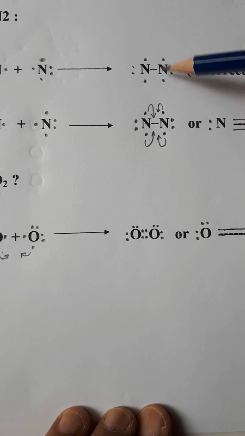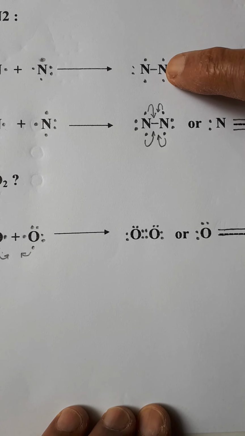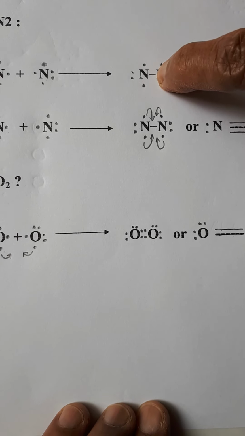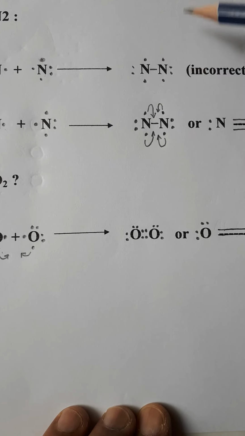But now you can see this is not correct, because if you cover one N atom, you will count only 1, 2, 3, 4, 5, 6 electrons only. There are 2 electrons in the bond. So we are not making the octets.